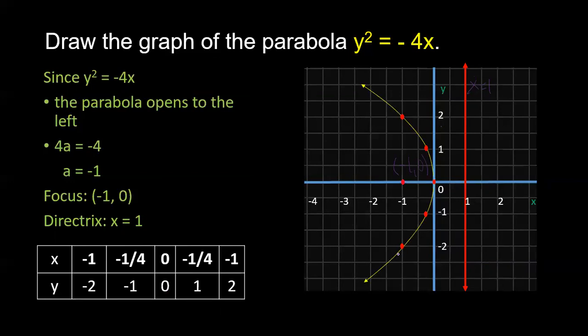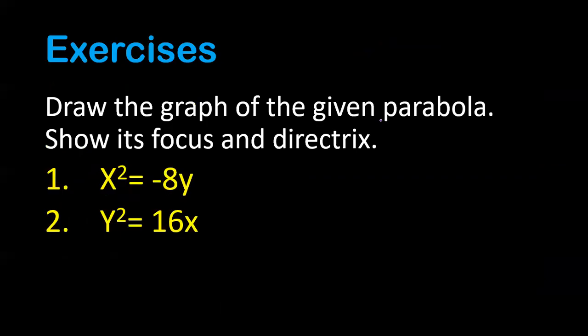So connecting these points, I got this parabola. So this is y squared is equal to negative 4x. So it's your turn. So draw the graph of these parabola. So show its focus and directrix too.